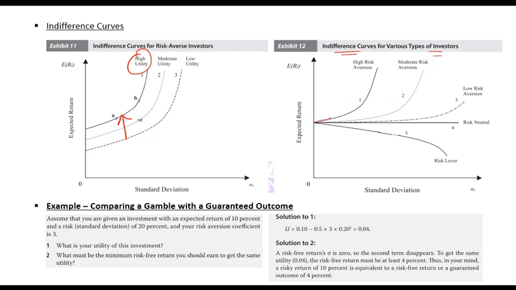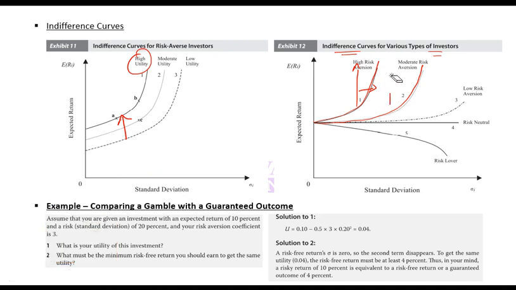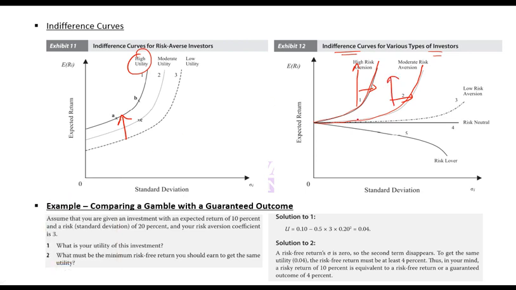These are the graphical illustrations of the indifference curves of various types of investors. A risk averse investor would have an indifference curve like this. Why? Because he will need more return for taking more risk. With moderate risk aversion, for the same level of risk, he would need a lower return.